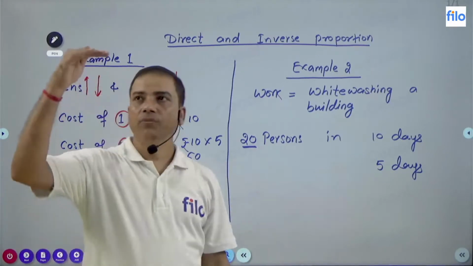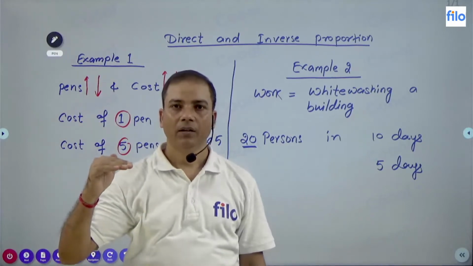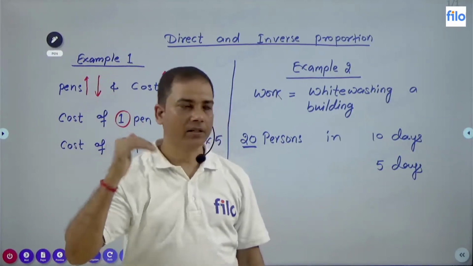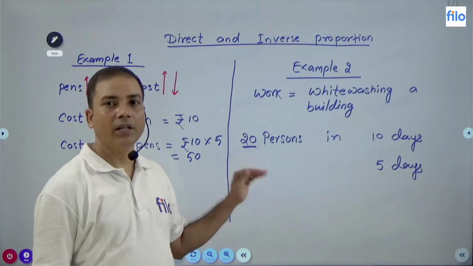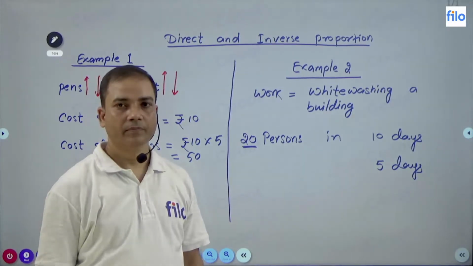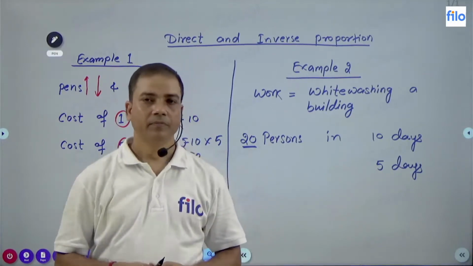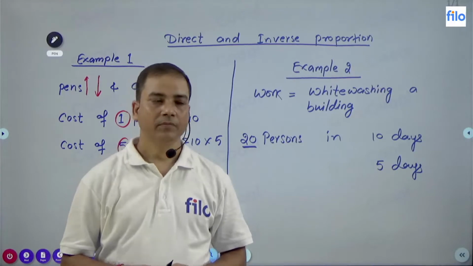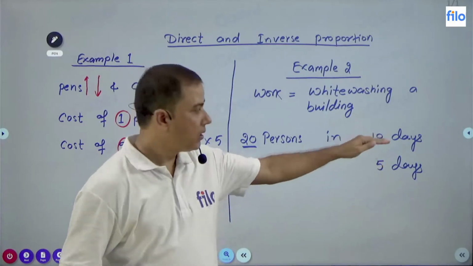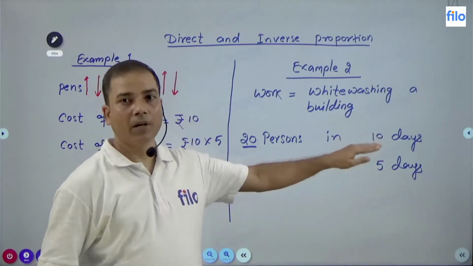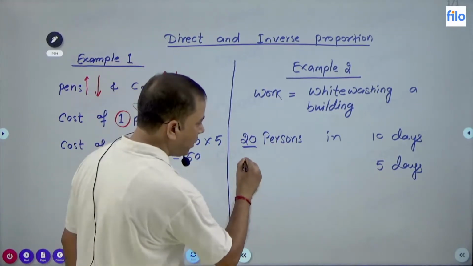Number of days was 10 and you have decreased it to 5. Do you think number of persons will decrease or increase? Increase, sir. So you want to hire more persons, right? If you want to get the work done in a lesser amount of time, you want to hire more persons. You want to hire 40 persons.